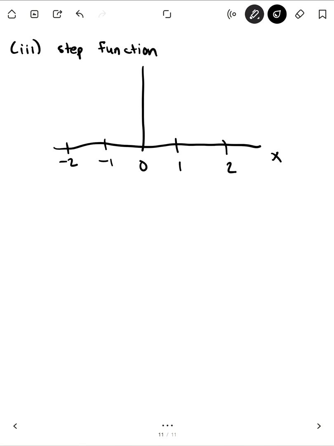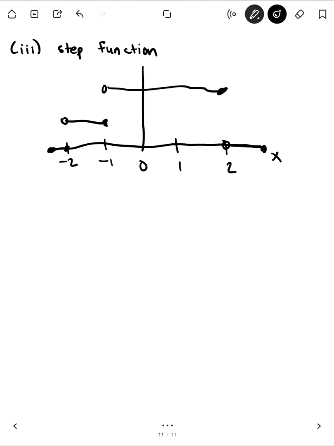Basically you partition your entire set into different subintervals, and then you define a constant value over those subintervals, right? Okay, so this is an example of a step function.